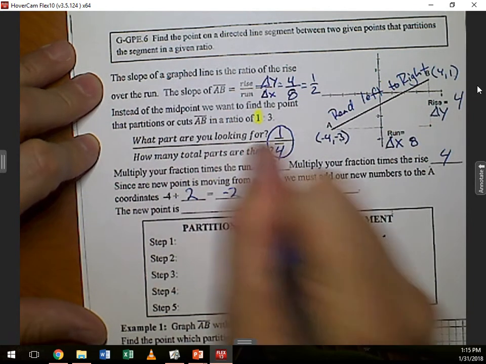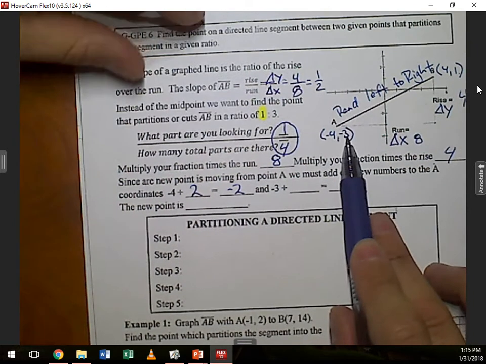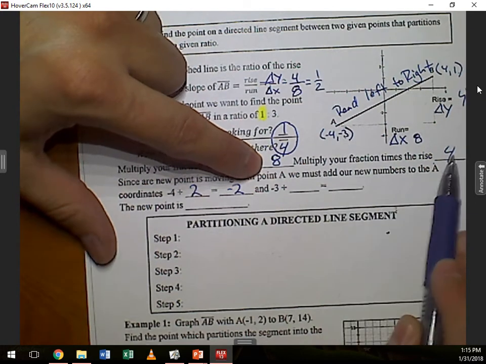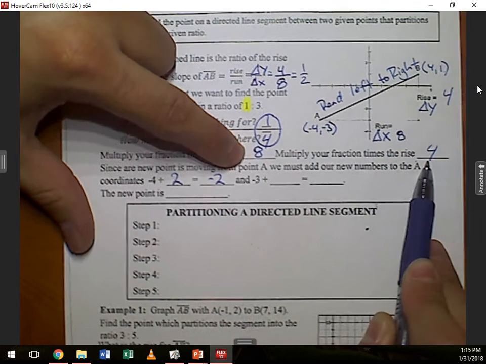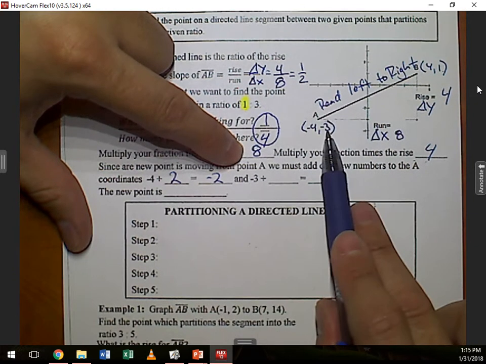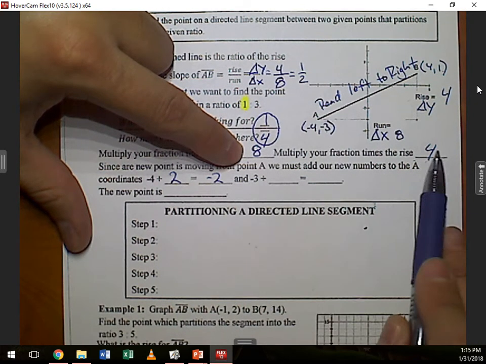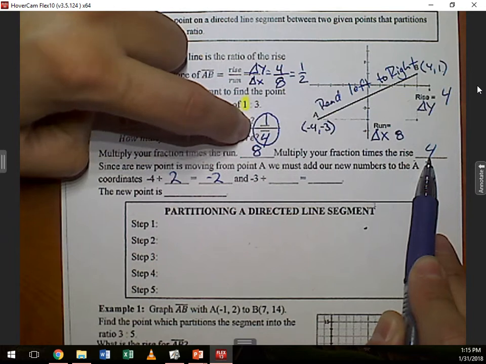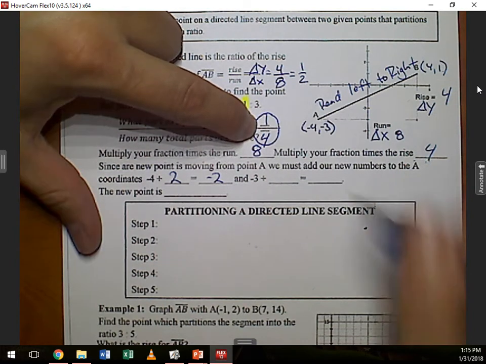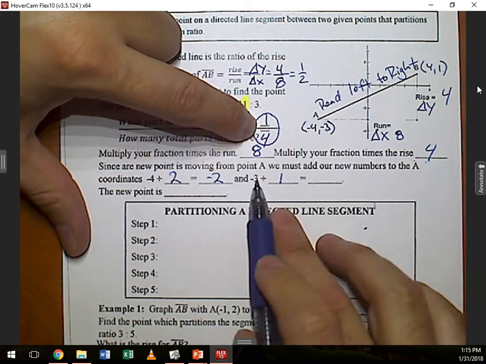is -2. Now for my y values, I do the same thing, but instead of using delta x, I use delta y. So it starts off with -3 plus 4 times 1/4. What is 4 times 1/4? 1. -3 plus 1.